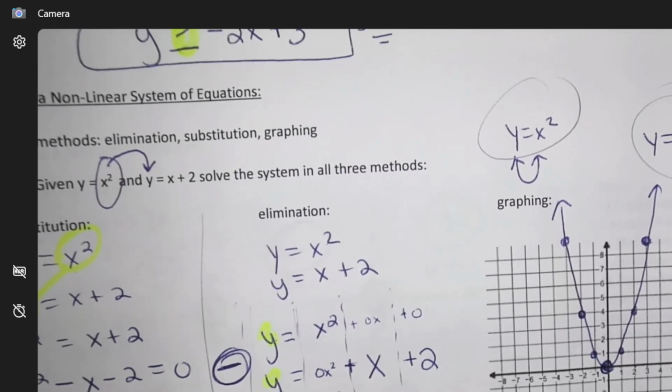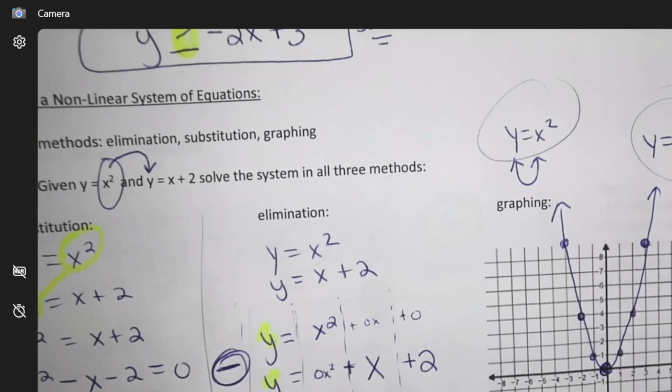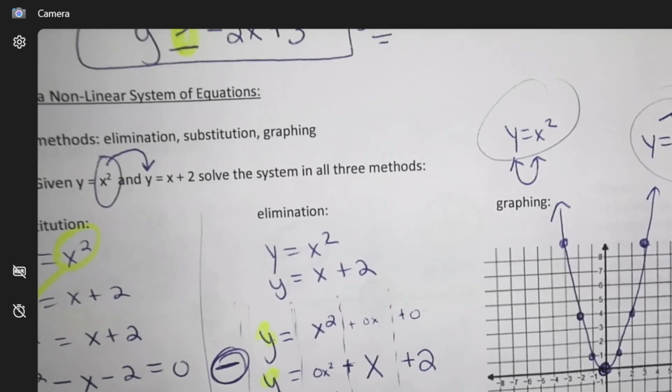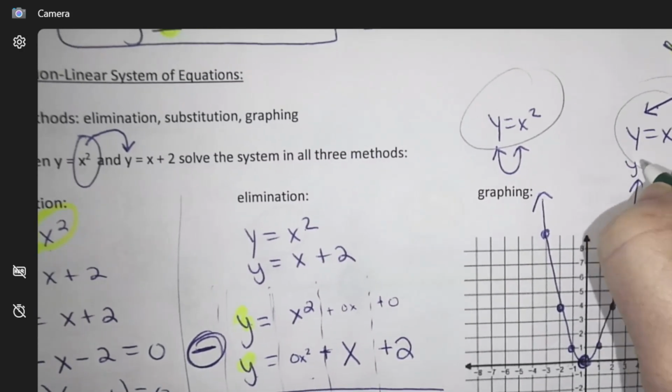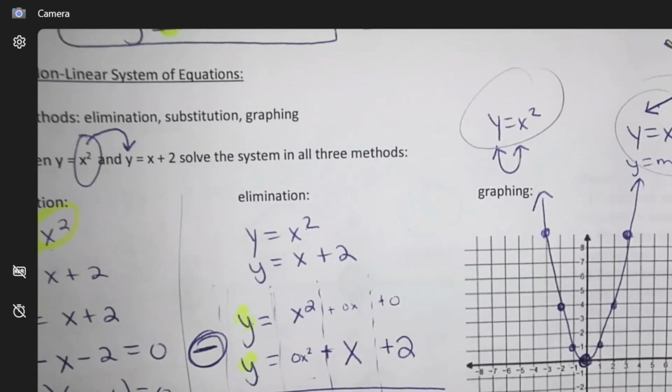What do you know about y equals x plus 2? What does that look like? What kind of function is it? Linear. So it's going to make a what shape? Straight line. What are we doing? We're going to understand y equals mx plus b.